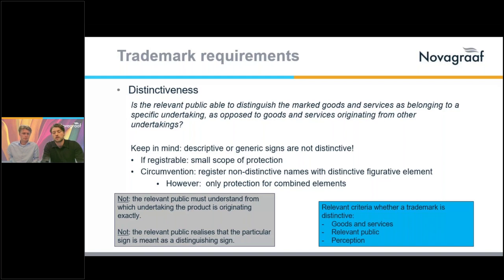And what we advise our clients, when you do wish to maintain such a non-distinctive sign or logo, is to add distinctive elements to that non-distinctive element to still obtain a trademark registration. However, you will only obtain protection for the combined elements and not the specific elements and the descriptive element as such.